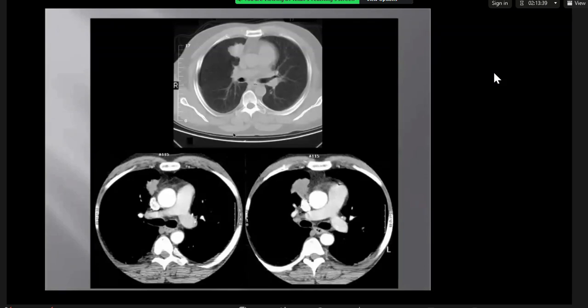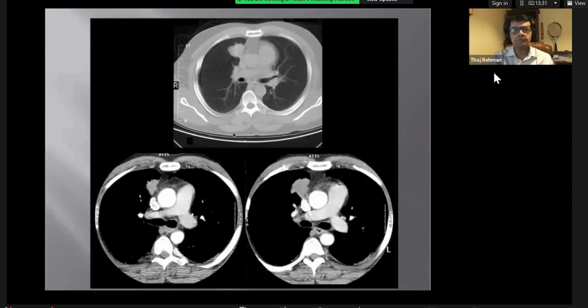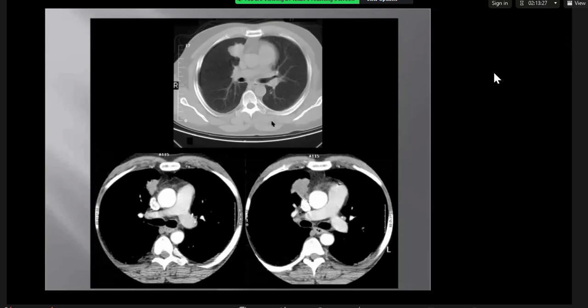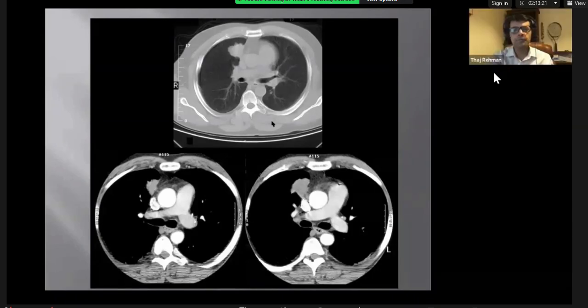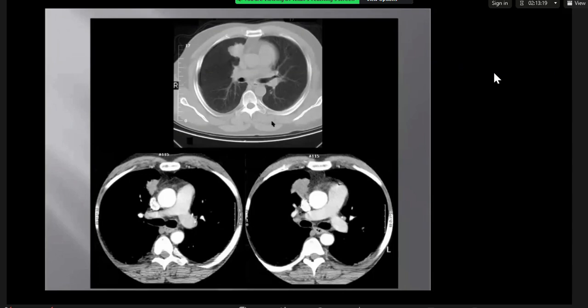It's got a reasonably irregular margin and appears to be extending into the mediastinal fat. In some images it forms an acute angle with the pleural lining, suggestive of it being within the lung itself rather than. Diagnosis would be?